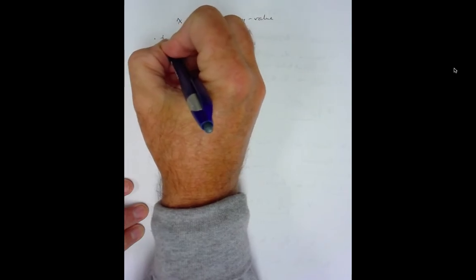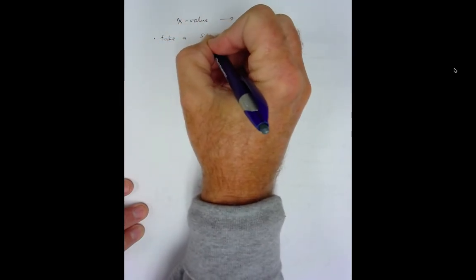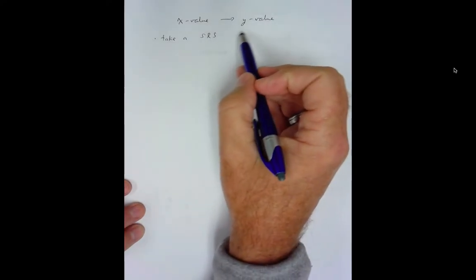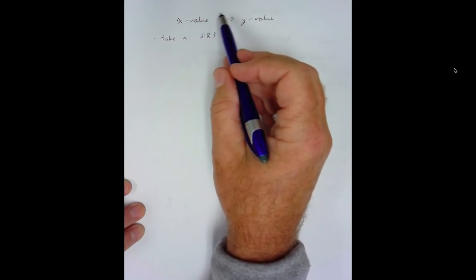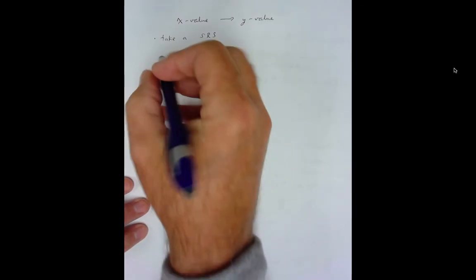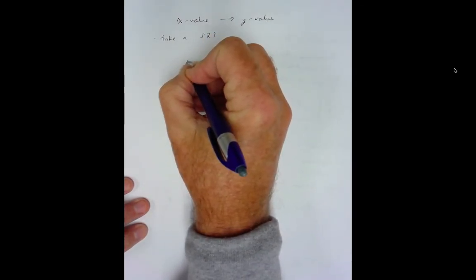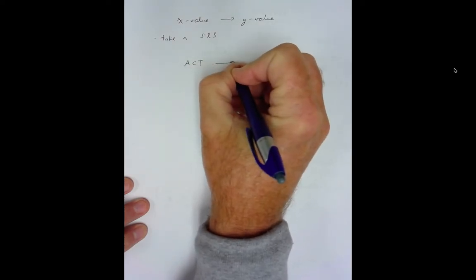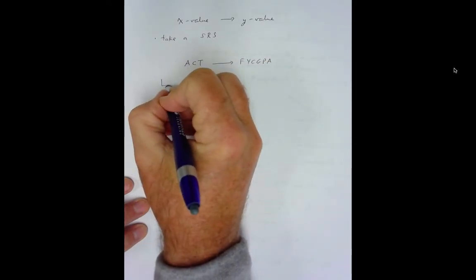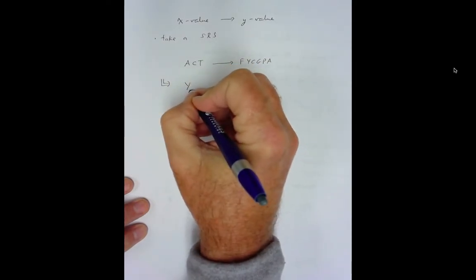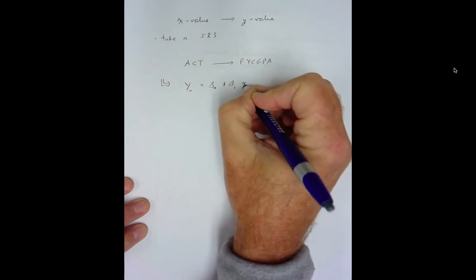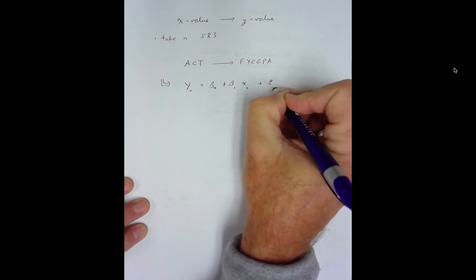We take a simple random sample, and we use a simple random sample to try to estimate the model that describes the relationship between x and y for the population. So we might, for example, want to see how predictive ACTs are of first-year college GPAs. So our model would be y equals beta 0 plus beta 1 x sub i plus an error term.